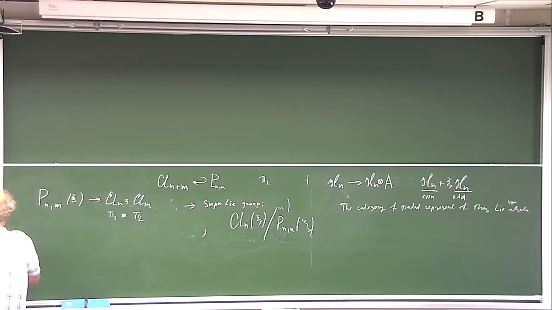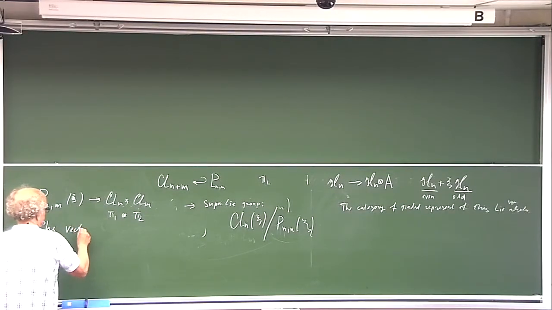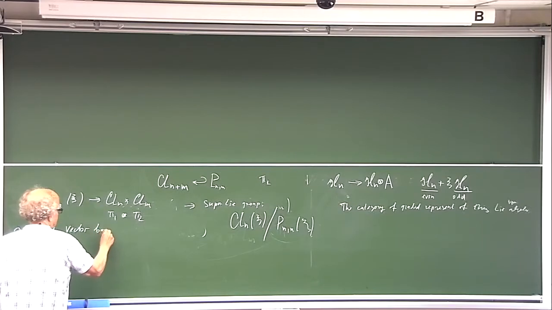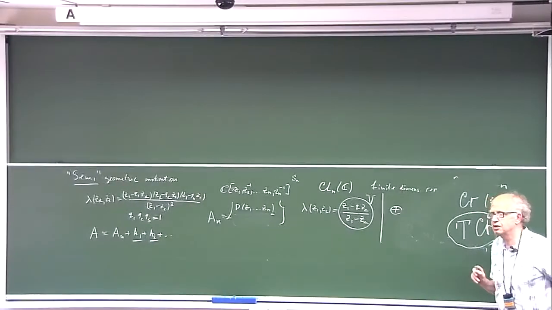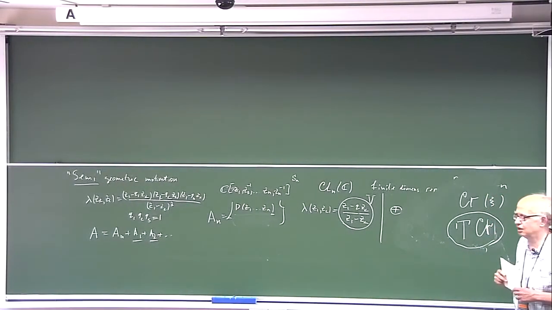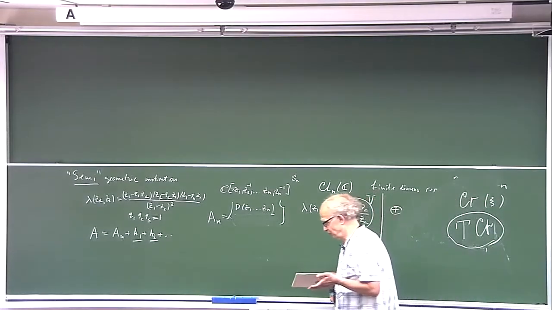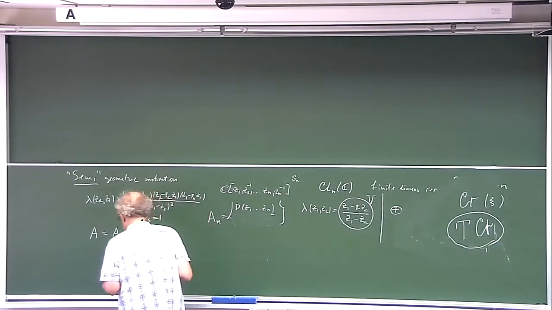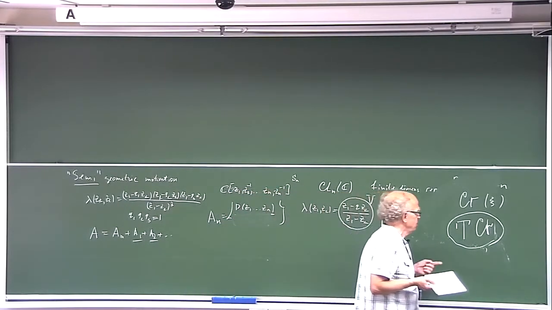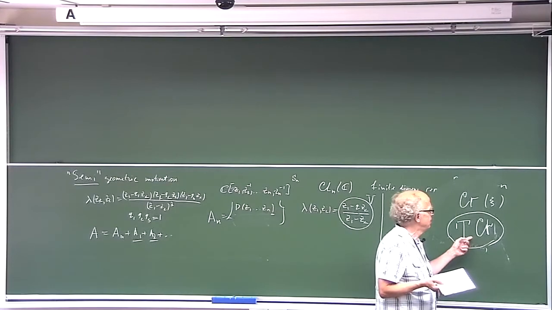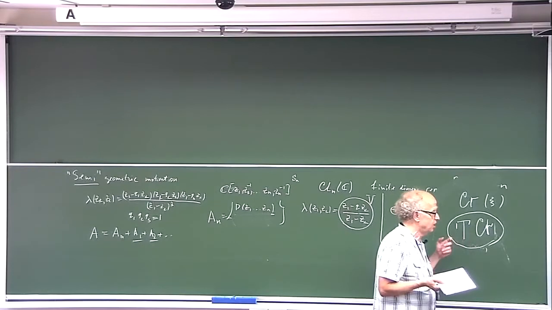By this way, I can construct the vector bundle over this thing. And now the definition of a product is the equivariant Euler characteristic of the corresponding bundle here.